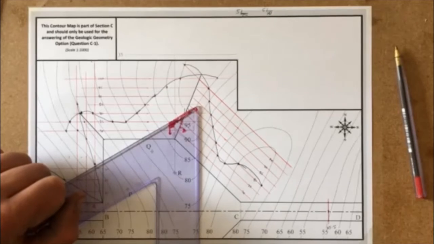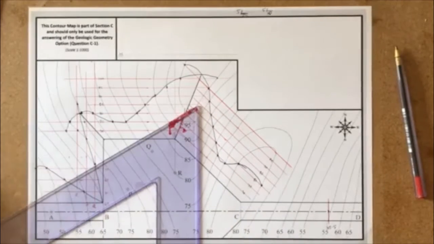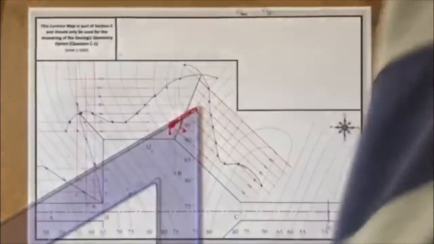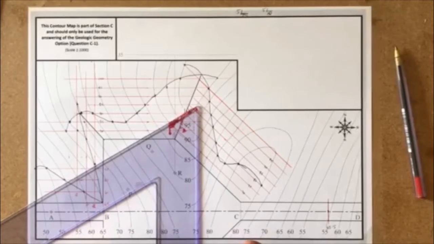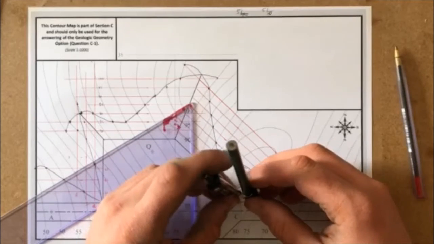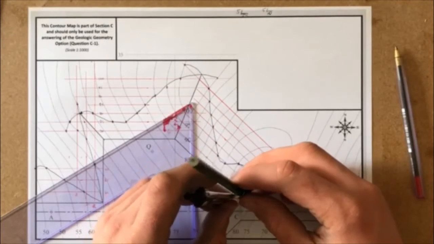So I'm going to set up my cone here with a radius of 7.5.